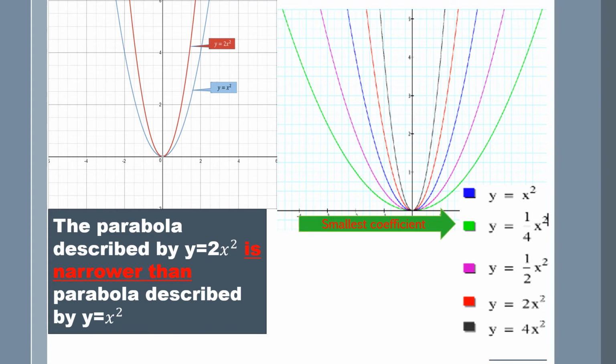Which one is the narrowest parabola? You will see that it's the black color, which is y equals 4x squared. If you look at the coefficient, you will find that it is the highest coefficient among these equations. So if it has a higher coefficient, then it's narrower.